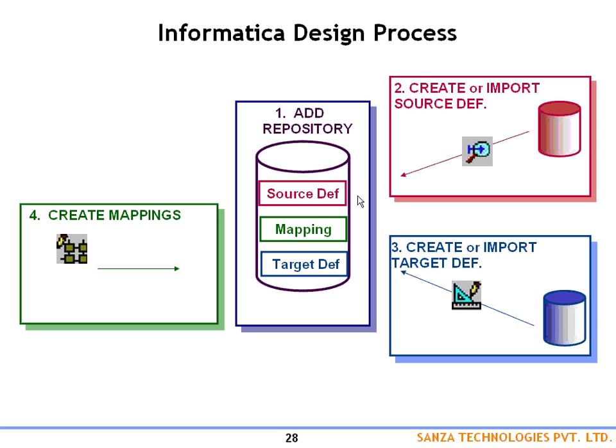Then after you add the repository, you define the source structure, you define the target, then you create a mapping. Then the fifth step is to load the data. So this is the process of design in Informatica.